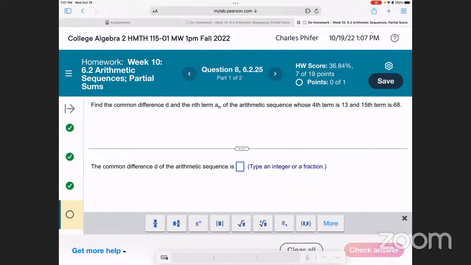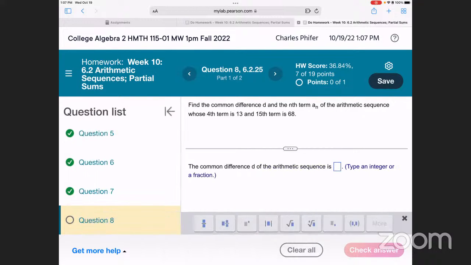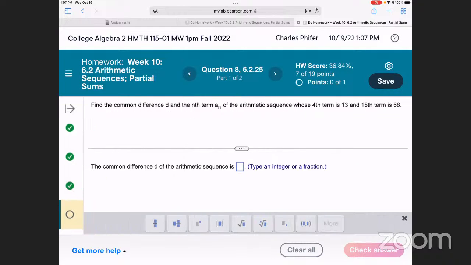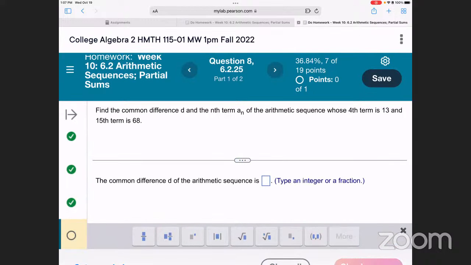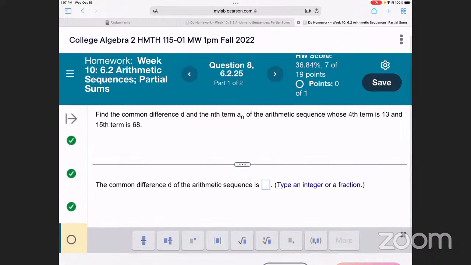Let's see, we can get rid of that. Let's get a screenshot. Go like this. Does that help any? A little bit. Okay, hopefully that doesn't look too terribly weird.